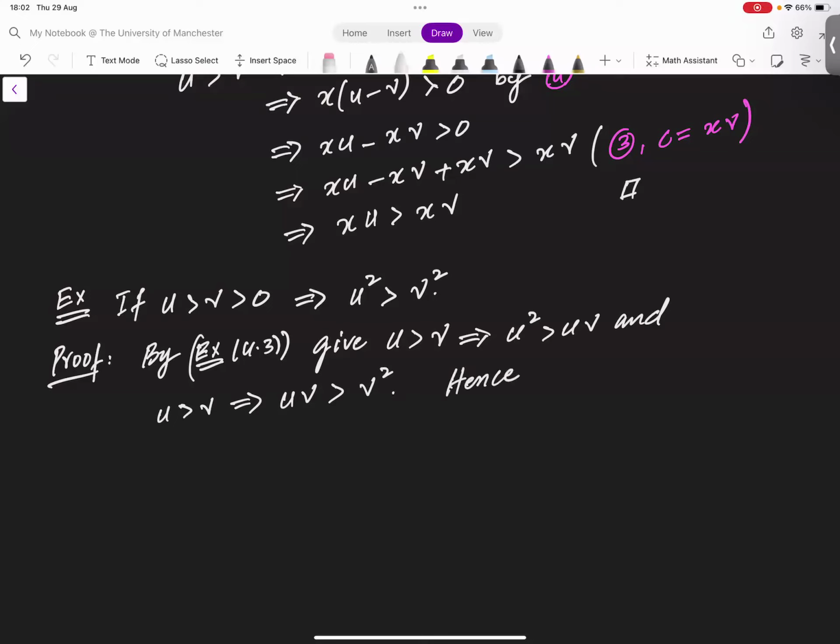Hence, u square is greater than v square by rule 5.